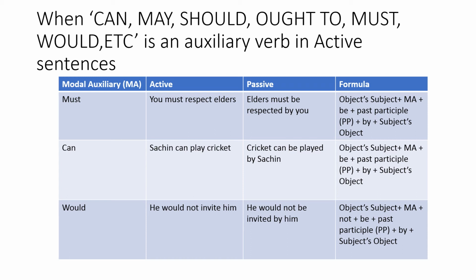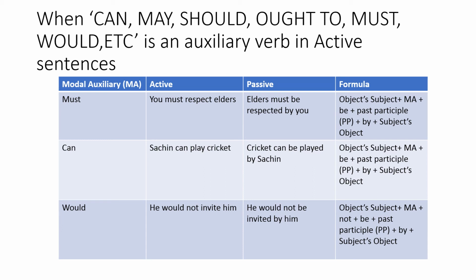In detail: "You must respect elders." So you is the subject here. Must is the modal auxiliary. Respect is the main verb, in infinitive form. Elders is the object. So as per the rule, the object will come first as the subject.